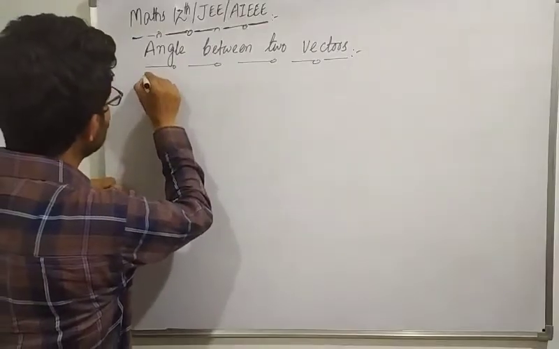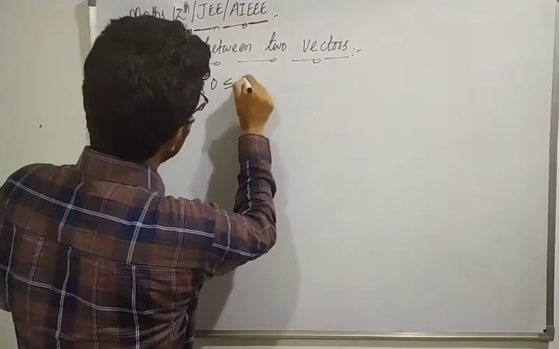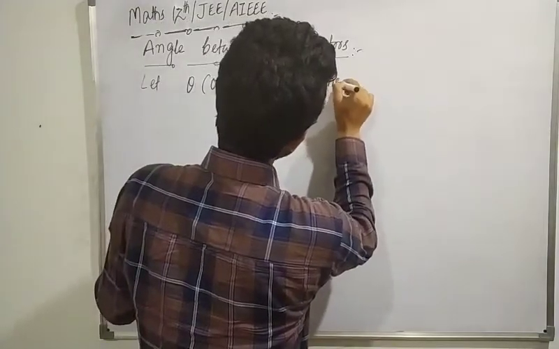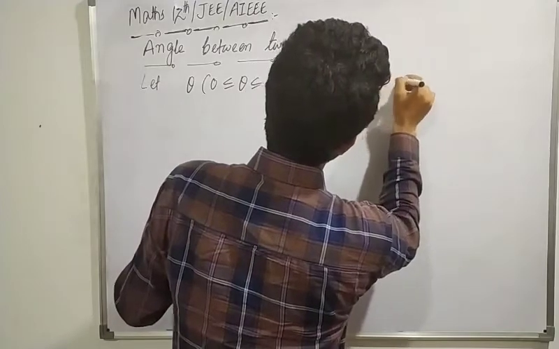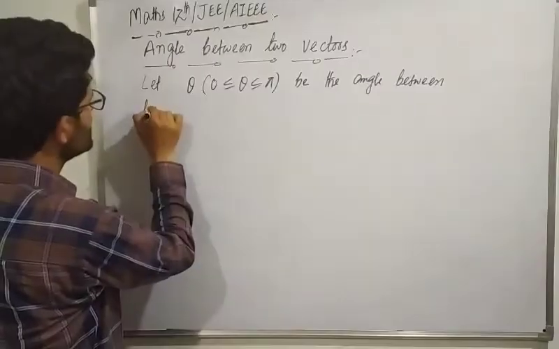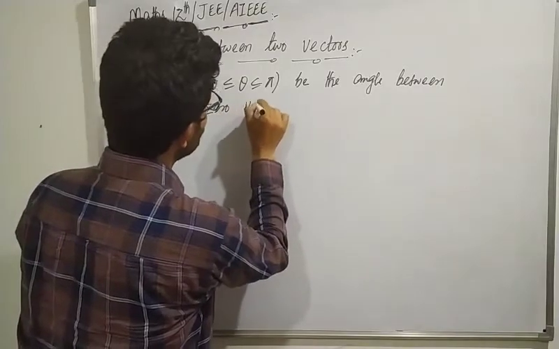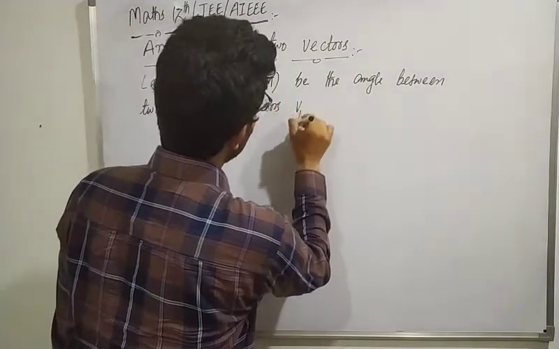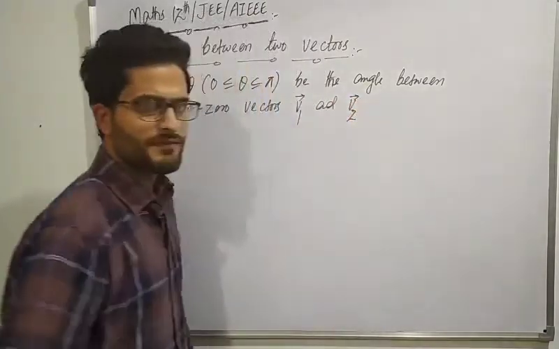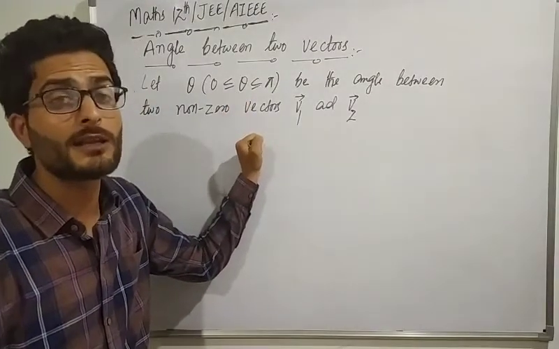Let theta, with 0 less than or equal to theta less than or equal to pi, be the angle between two non-zero vectors v1 and v2.